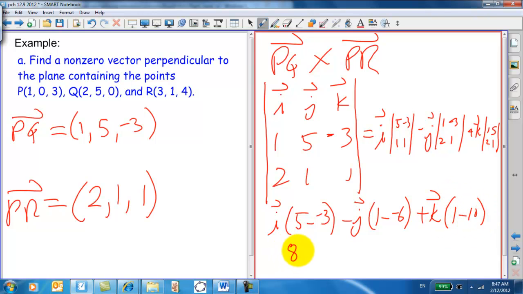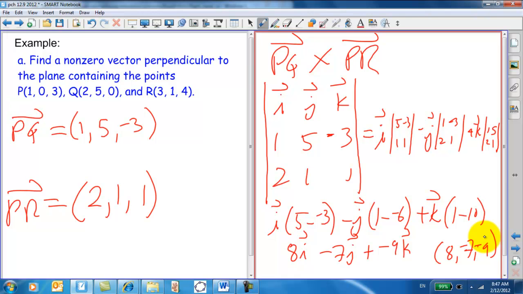So that's 8 i's, 7 minus 7 j's, plus negative 9 k's, or just the vector 8, negative 7, negative 9.